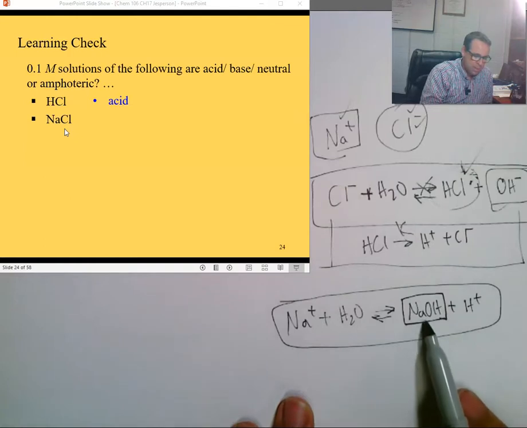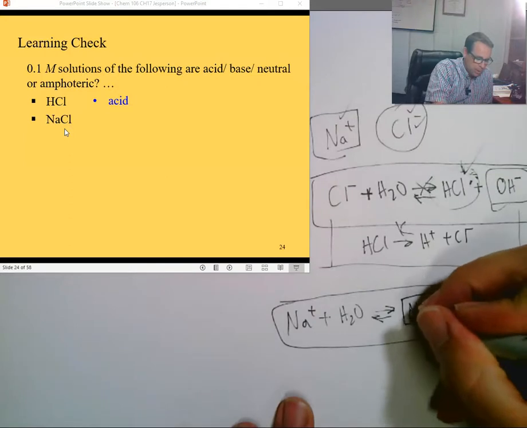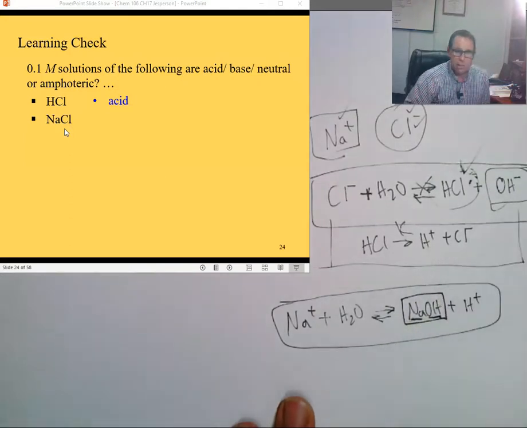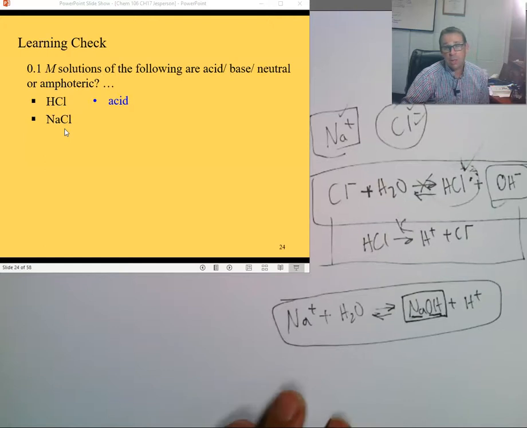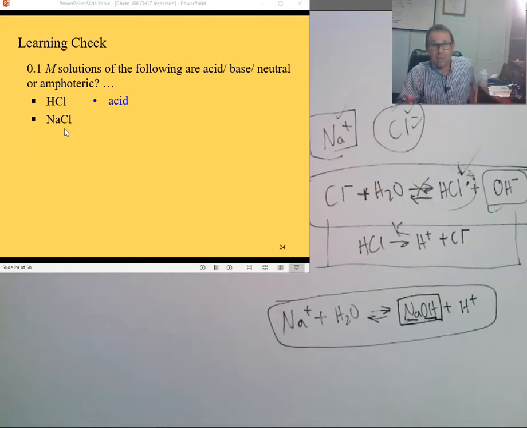It's a base because if you take sodium hydroxide and put it into water, it completely dissociates into sodium and hydroxide ion. So because we know that sodium hydroxide is a strong base, we also know that any salt that contains sodium always dissociates in water, right?